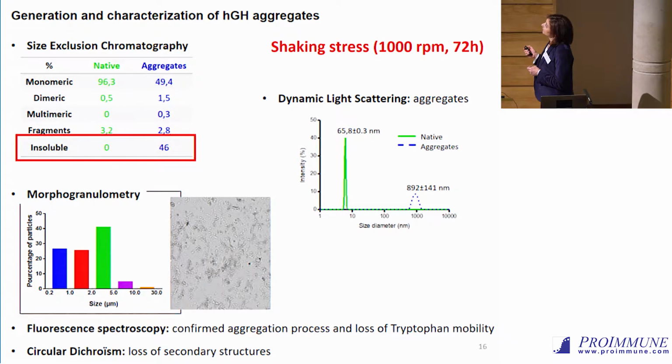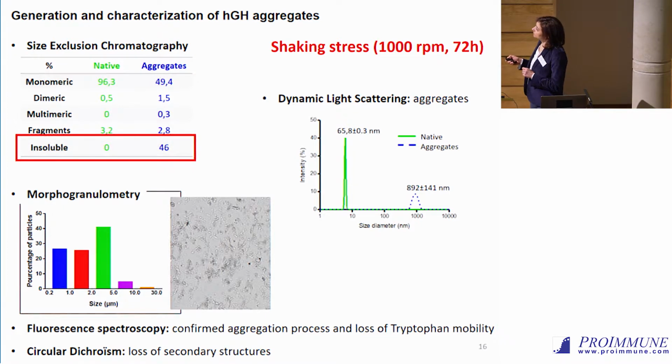And then the aggregates were characterized with several orthogonal methods. With size exclusion chromatography, we were able to show that 46% of the protein was aggregated as insoluble aggregates, and there were very little dimeric or multimeric species. With dynamic light scattering, we were able to show one main population at about 900 nanometers.